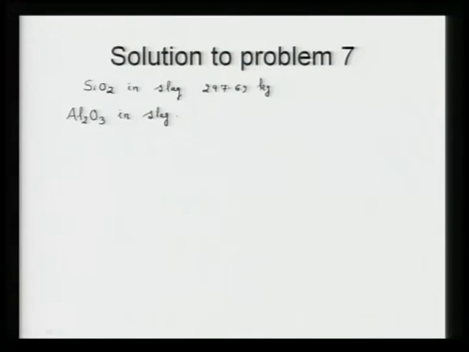So, straight away in this example Al2O3 in slag, the source is Al2O3 from ore plus Al2O3 from coke.